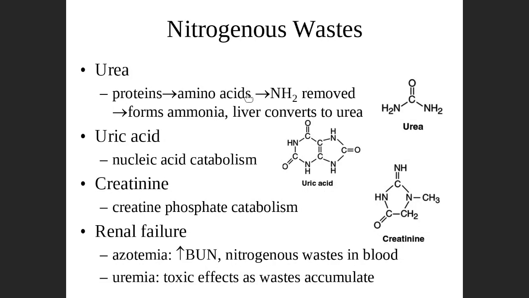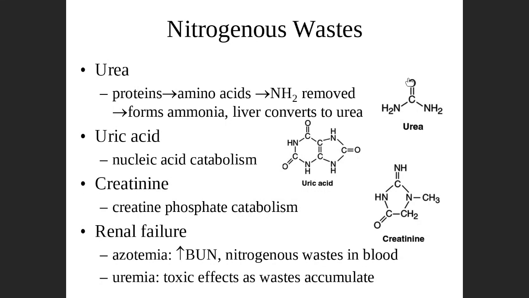Protein is degraded into amino acid that has to be, we call it deamination, which means we remove this ammonia. And ammonia can form ammonium. The liver converts that to urea as part of the urea cycle. I don't have time to talk about the liver and the urea cycle.